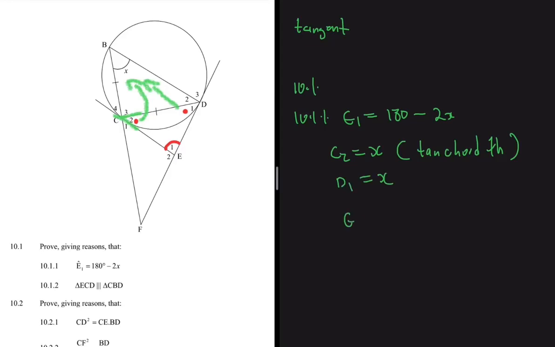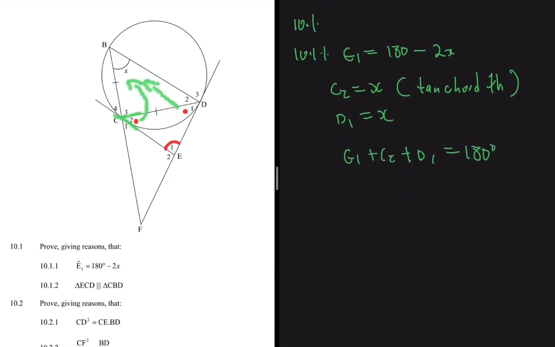So now you will realize that E1 plus C2 plus D1 should be equal to 180 degrees, the sum of angles in a triangle. So we can find E1 by saying that it will be equal to 180 minus C2 minus D1, which are all equal to x. So it's 180 minus 2x, and that's how you find E1.